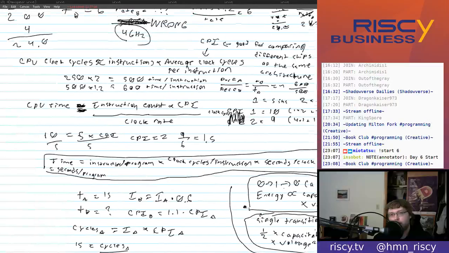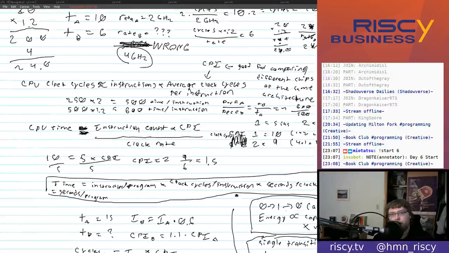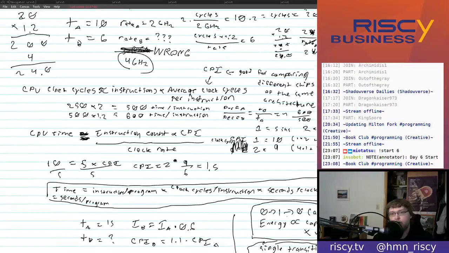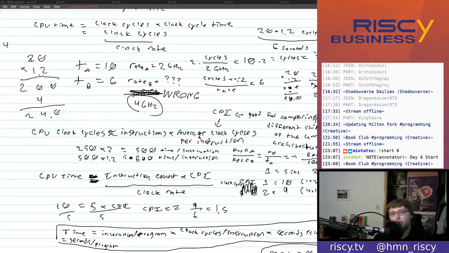So the useful ones are like instruction count times CPI divided by clock rate is equal to CPU time. CPU clock cycles is instructions times average clock cycles per instruction, or CPI.